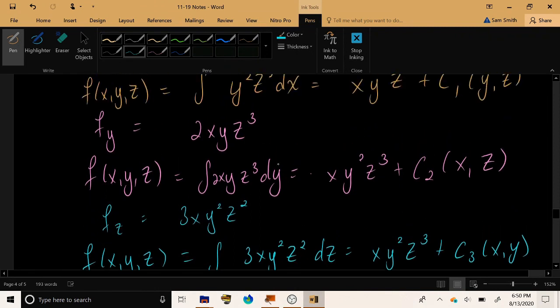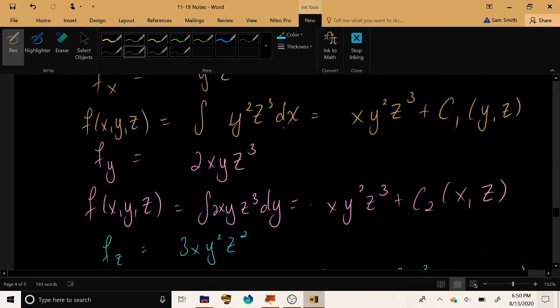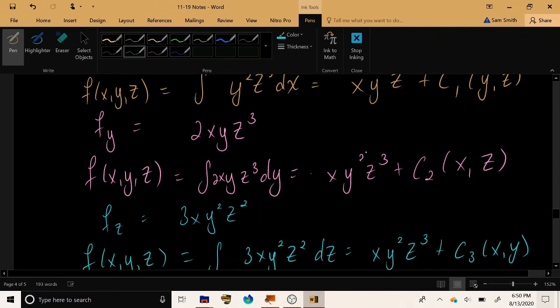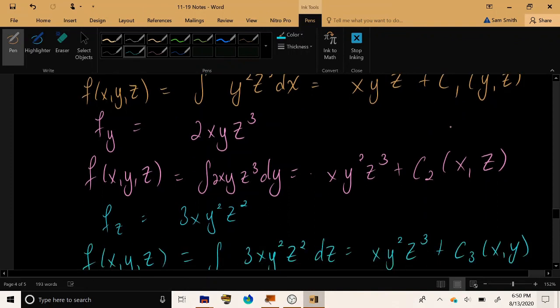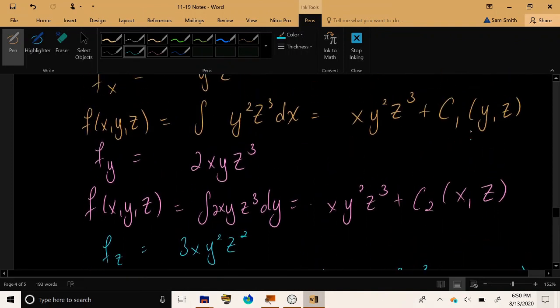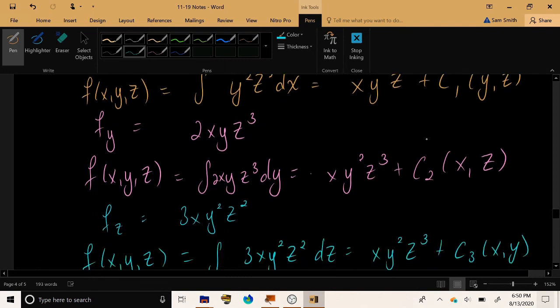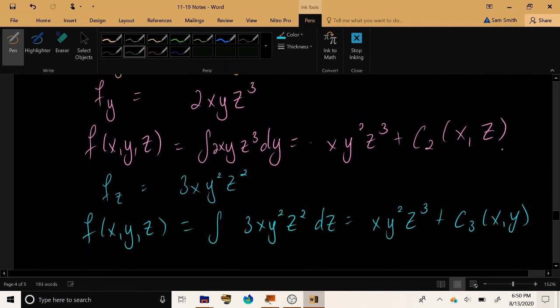Now let's compare the 3 representations of f of x, y, z that we have gotten. All of them contain x, y squared, z cubed, and then some other term that we might need to match to somebody in one of the other representations.